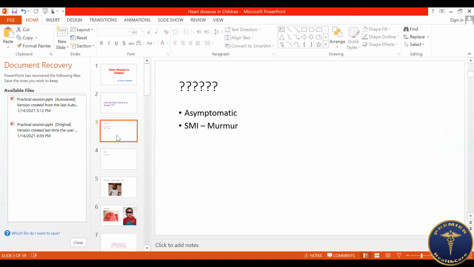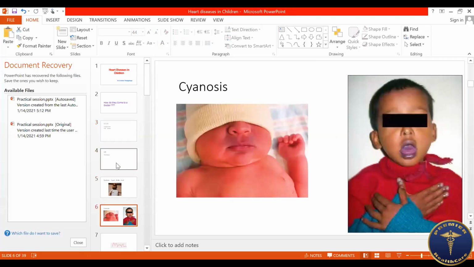Still, the child is just next to our consultation table, away, right? So you are not seeing the child very closely. The child is far away. You are looking at a breathless child, or you see an edematous child, or you might see a cyanosed child.